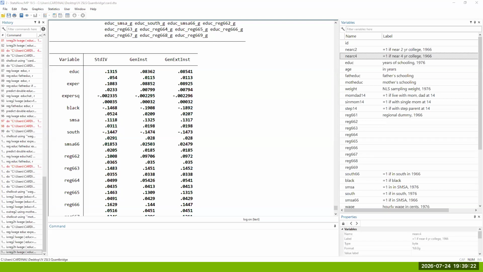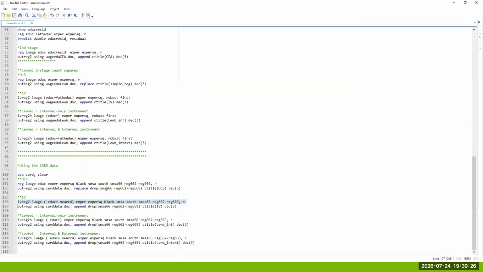But to make your work easier, always find ways to make the best use of Stata. So just like the model I presented, I have just run the OLS here, and use this code to export my results into Microsoft Word. I have the IV here, which is the standard one.